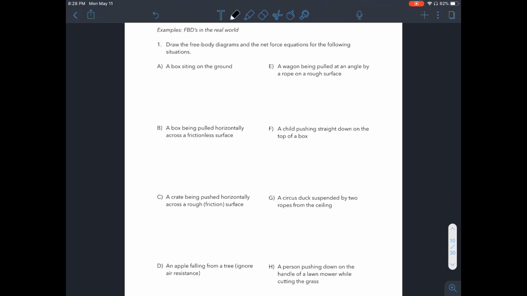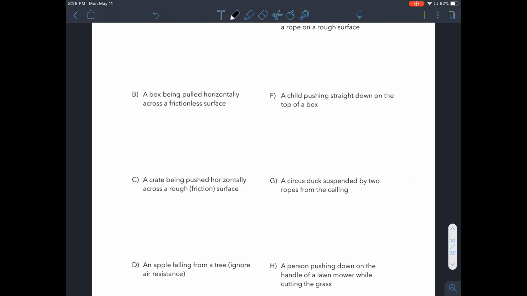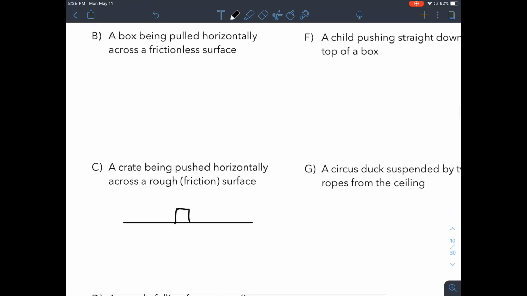A crate being pushed horizontally across a rough surface. So if we've got a crate like so, again, it's just a box. There's nothing else happening here. It's sitting on the ground, so we have a force of gravity and the normal force, just like so. Now, if we are pushing it, we have a force this way, which we will call FA.